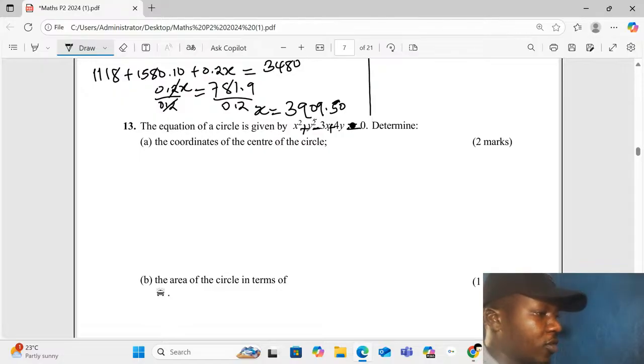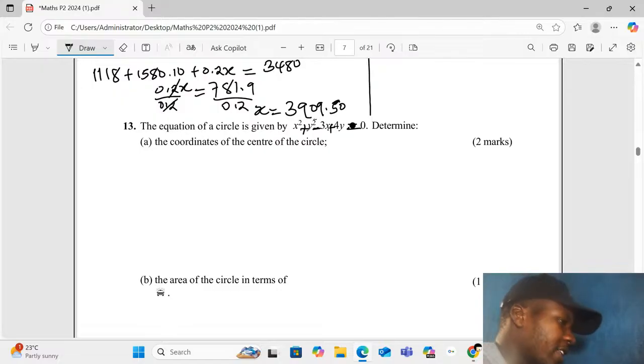Then determine the coordinates of the center of the circle. So it's x squared plus y squared minus 3x plus 4y, which is equal to 0.